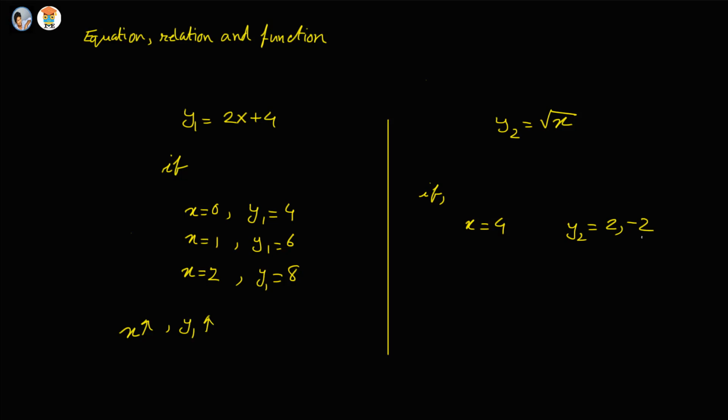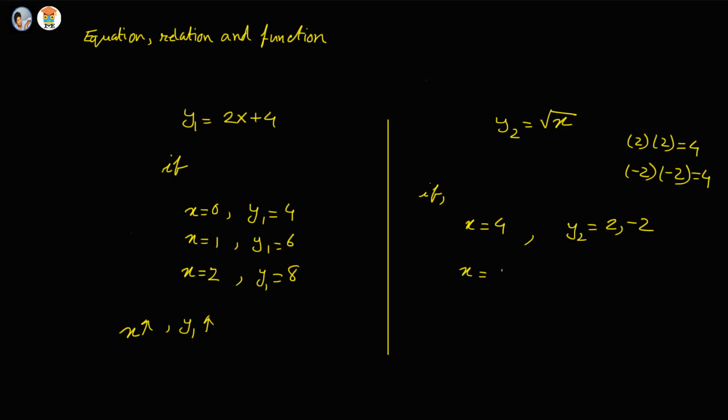Because when we root a number, we separate the number into two equal parts such that if we multiply these two parts, we get the initial number. Meaning, if we multiply 2 with 2, we will get 4. Again, if we multiply minus 2 with minus 2, we will get the same 4.